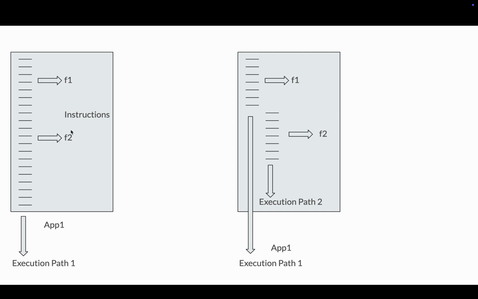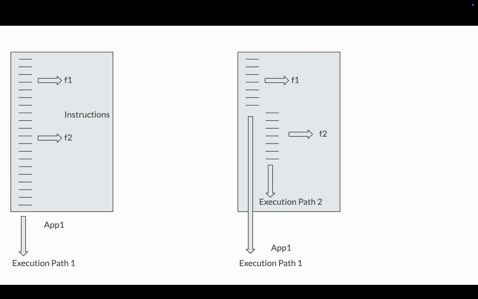The same thing: function f2 is going to execute after f1, but since the execution of f2 is entirely independent of f1, we can say that if there is any way to execute these two things independently, then it should be good.